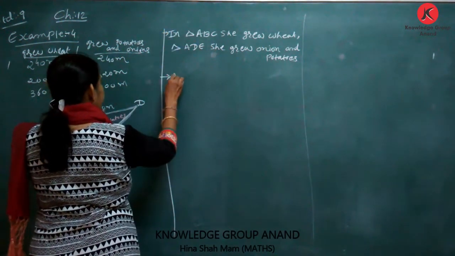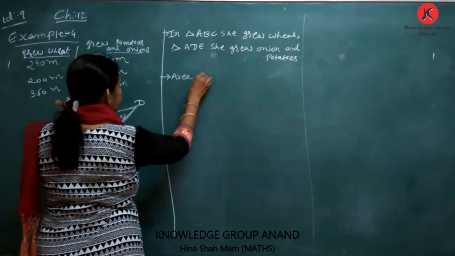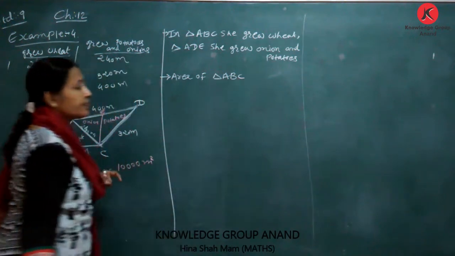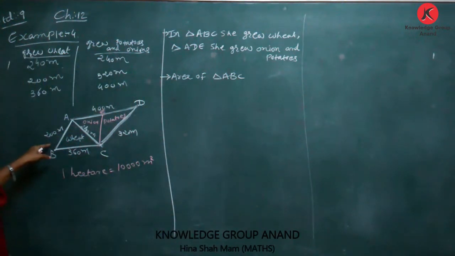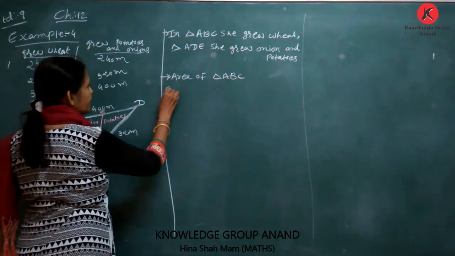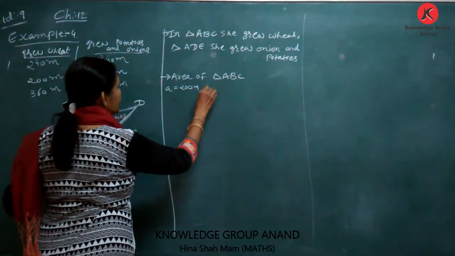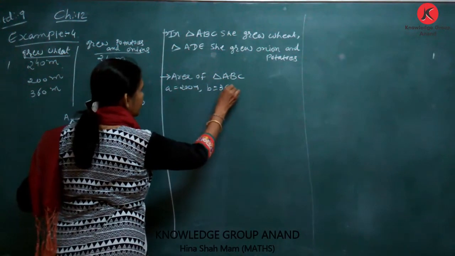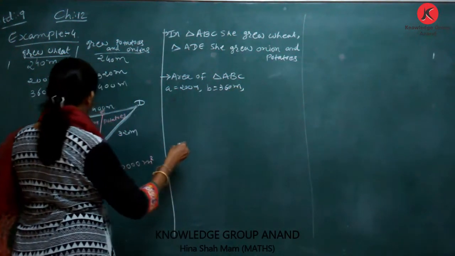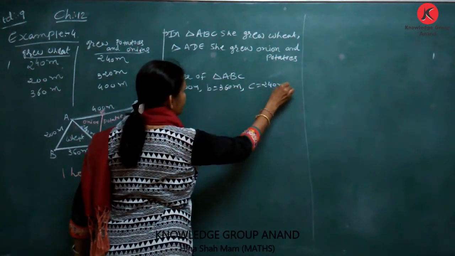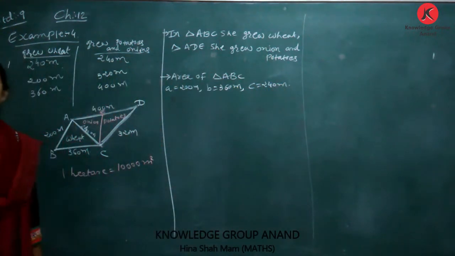Area of triangle ABC. Here a is equal to 200 meter, b is equal to 360 meter, and c is equal to 240 meter.